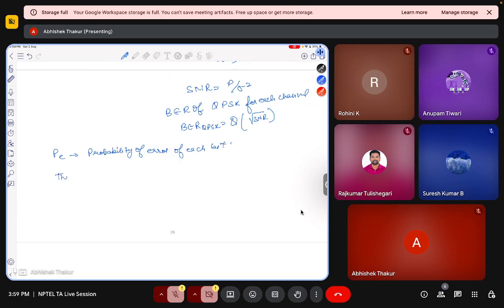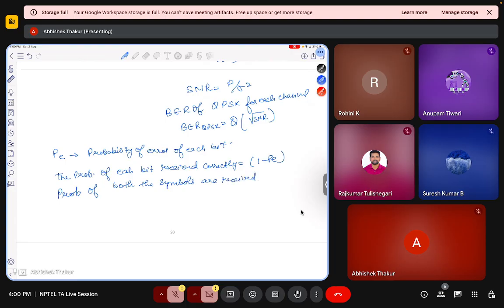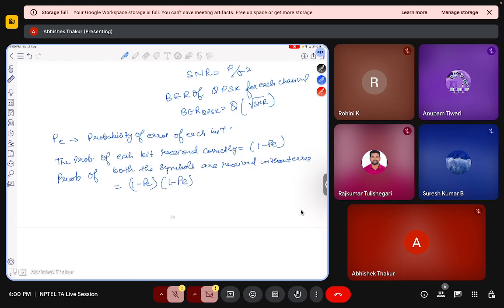The probability of each bit received correctly is equal to 1 minus PE. So the probability that both the bits are received without error is equal to (1 minus PE) squared, because both bits should be received correctly, only then will the symbol be received correctly, because there are two bits.